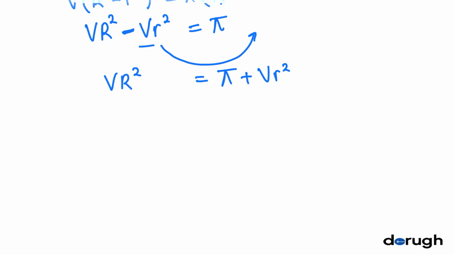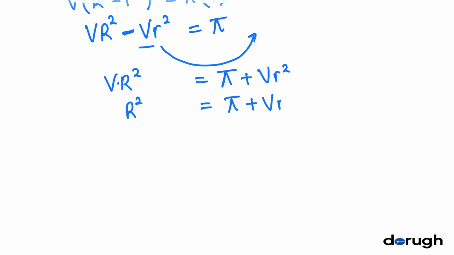Now V and Raymond square are connected using multiplication. So it means that when we want to take V to the other side, we have to do it with division. That gives us Raymond square equals pi plus V red square all over V. And lastly, we can now get rid of the square that's attached to Raymond by taking the square root of the other side of the equal to sign.